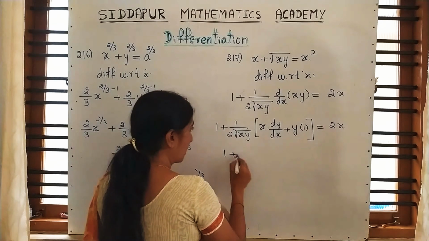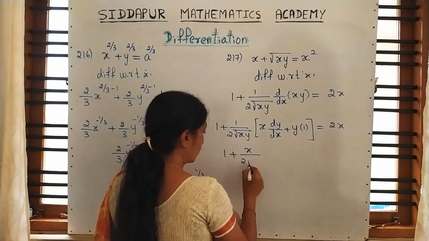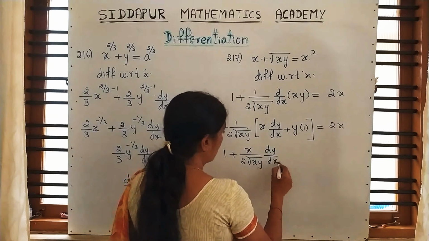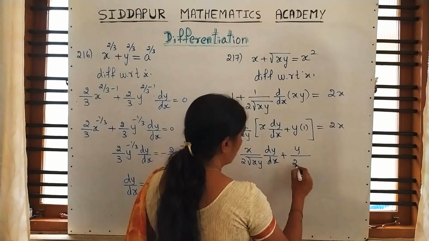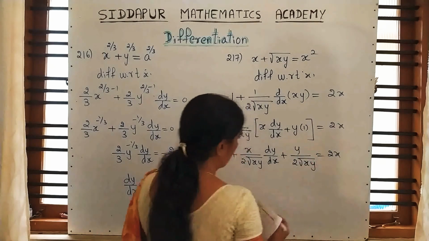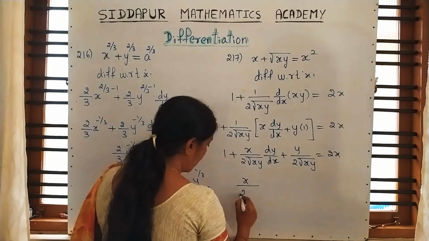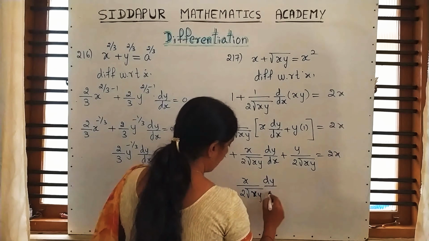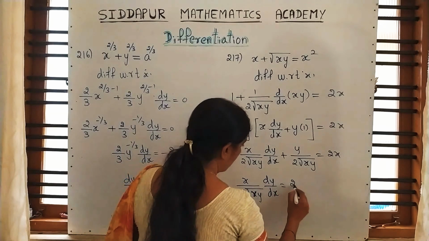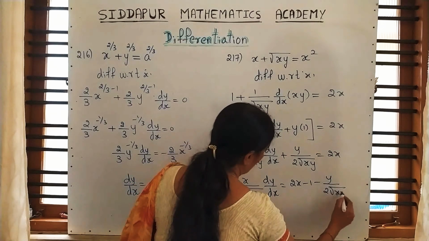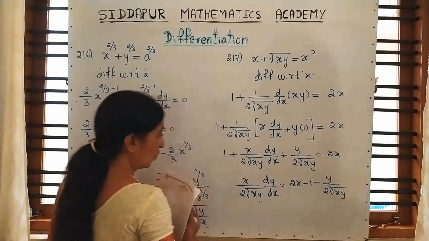So it is 1 plus x upon 2 root xy into dy upon dx plus y upon 2 root xy is equal to 2x. Then what is dy upon dx? dy upon dx is 2x minus 1 minus y upon 2 root xy, and take the term on that side.